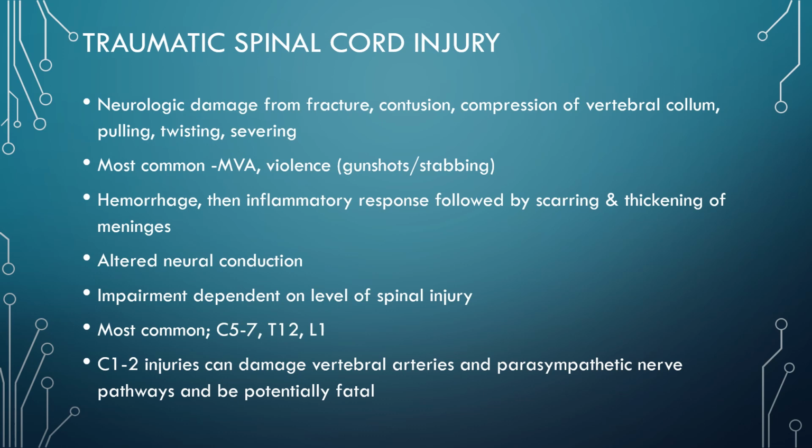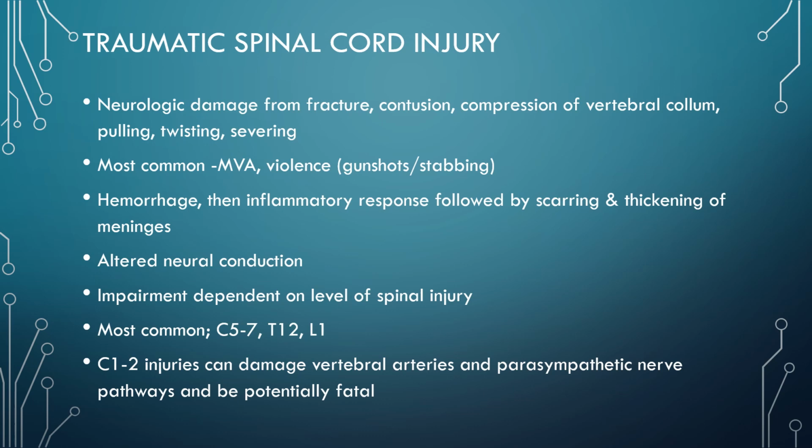Most common spinal injuries are going to be C5 through 7, so that's cervical spine, that's in your neck. And then at the level of T12 in your thoracic spine. I hope you guys remember from anatomy how many ribs you have. That's low down, your lowest thoracic rib.